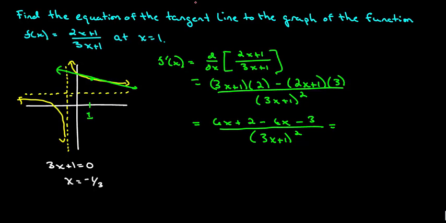So the x's on the numerator are going to cancel out because we have 6 of each of them. And so I've got 2 minus 3, which is negative 1, over (3x plus 1) squared. That's f prime of x.